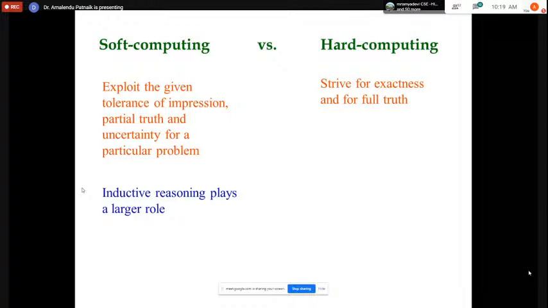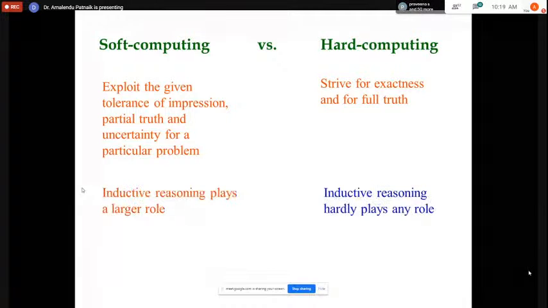In hard computing, inductive reasoning hardly plays a role; we are not going for applying it.